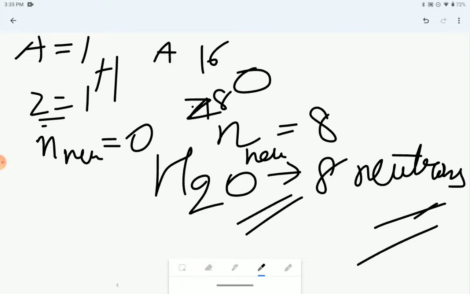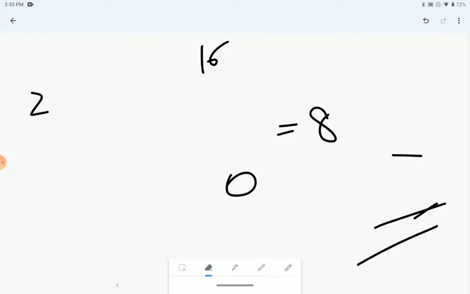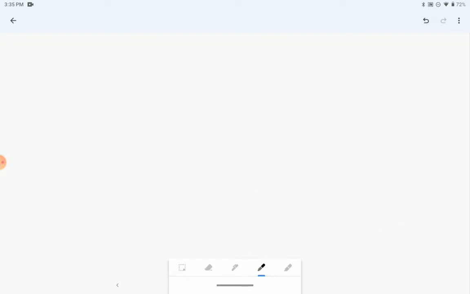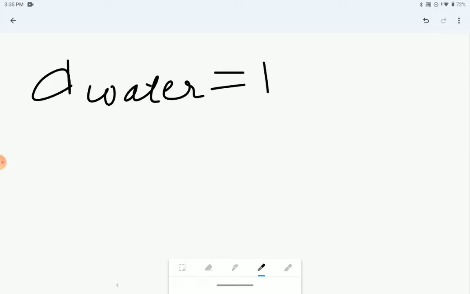So they asked us the total number of moles of neutrons. We found the number of neutrons per molecule. For this we should know a small thing, that is the density of water. Density of pure water is 1, right? Now density is nothing but mass by volume.